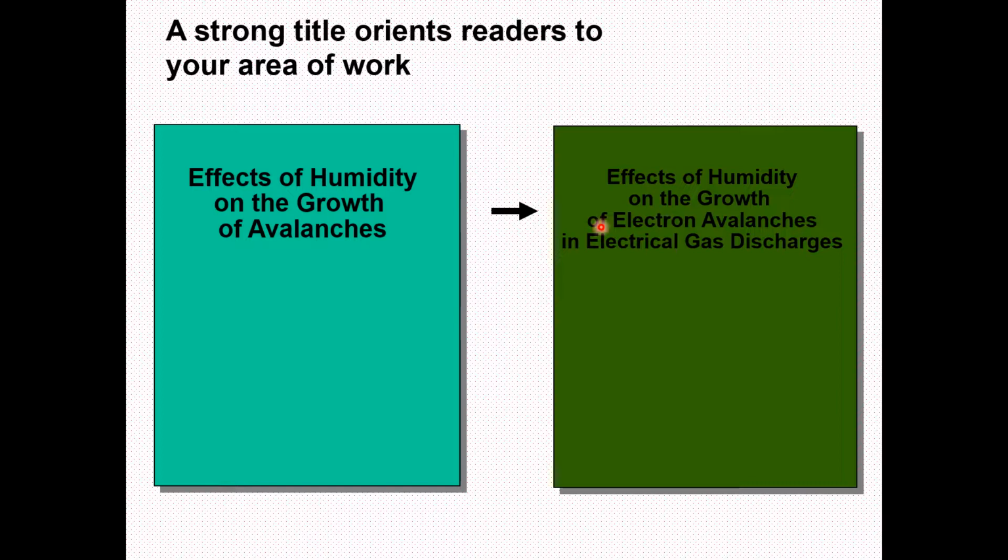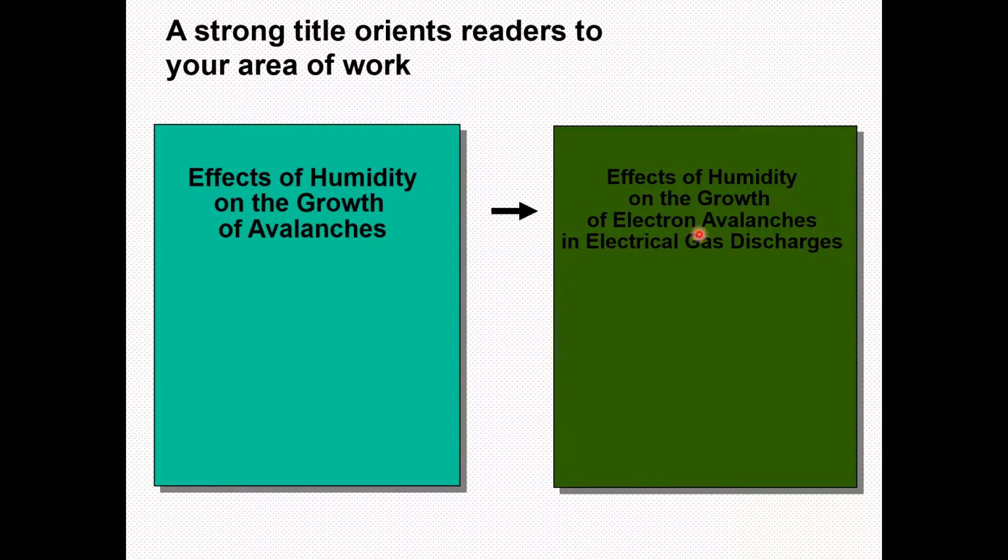It will help the audience to focus on or to proceed inside the document. Here you can see that we have the effect of humidity on the growth, but then we say nothing about the avalanches, the information about the avalanches before and after is missing in this particular title.